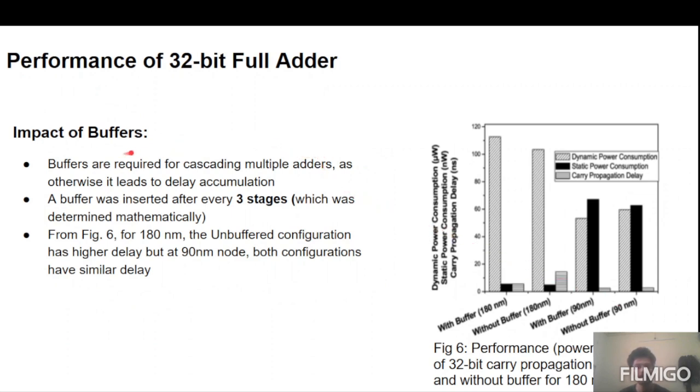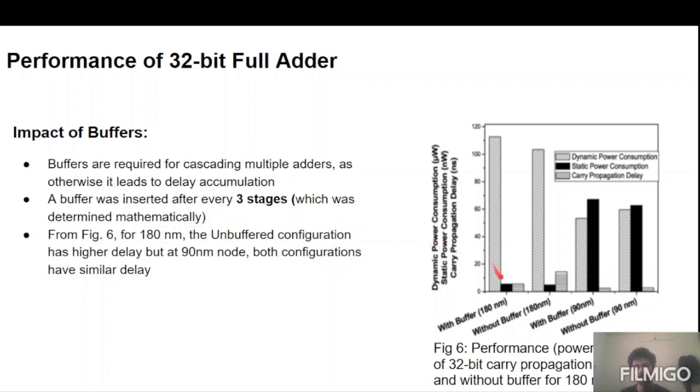Next, we look at the impact of buffers. The buffers are required for cascading multiple adders, as otherwise it leads to delay accumulation. The delay starts increasing very rapidly and in an exponential manner, and it also leads to signal degradation. A buffer was inserted after every three stages, and this was determined mathematically, which was discussed by Sayandeep.